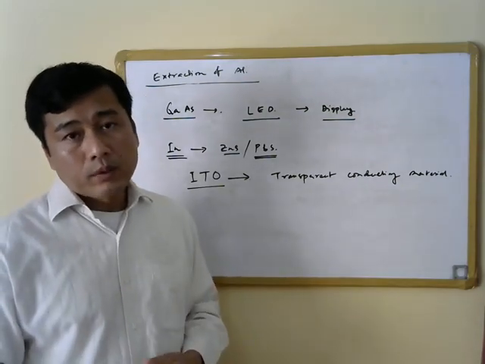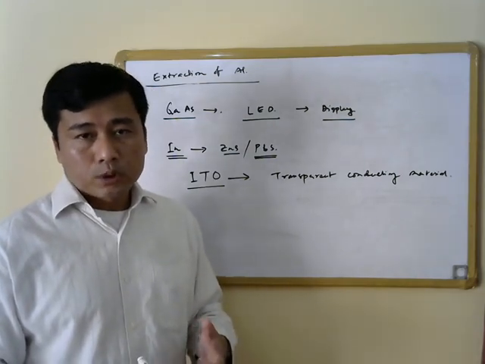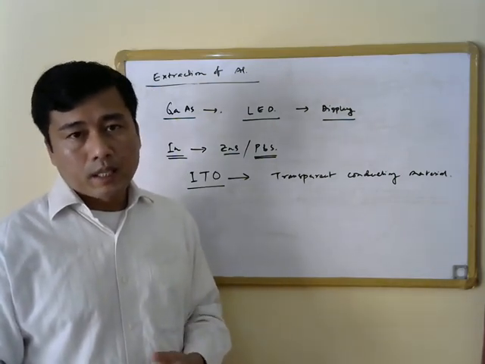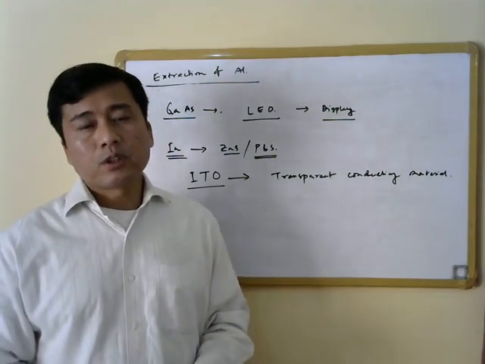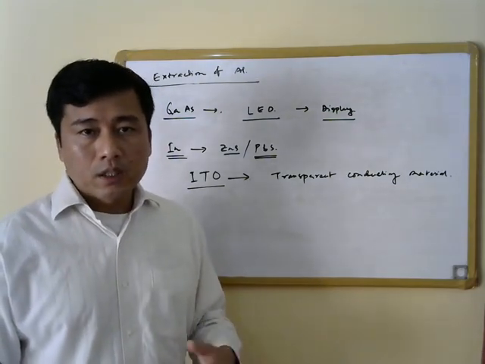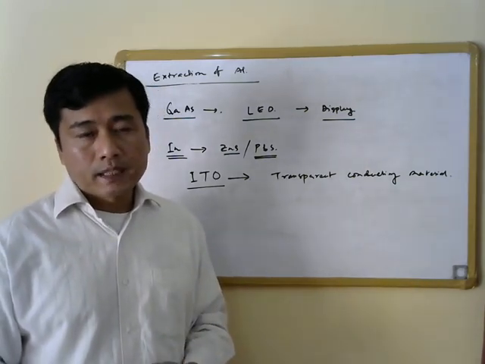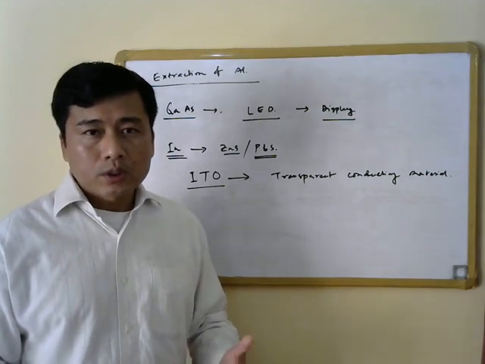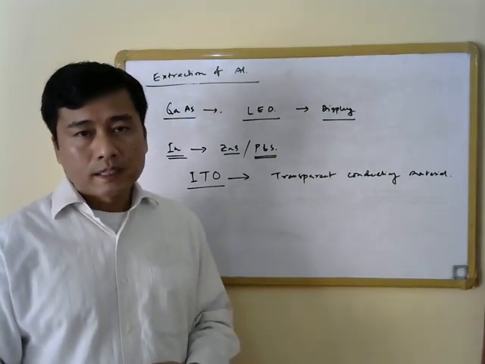What we have learned during this lecture is an overview of the elements of group 13, that is boron, aluminium, gallium, indium, and thallium. We have looked at the electronic configuration of these elements, and also what kind of bonds are formed by these elements, as well as the kind of oxidation states available in different compounds of these elements.